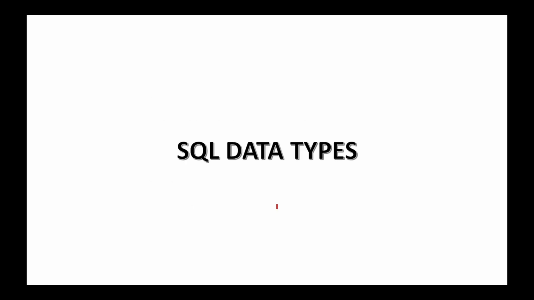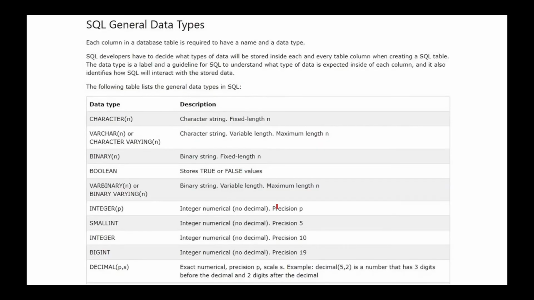Now I'm going to show you data types, how they are used. Quick one. Now we have the character. This is string and fixed length. That's the number of characters you want it to hold, like the length of the text can pass 20, can pass 9, just the number of text.